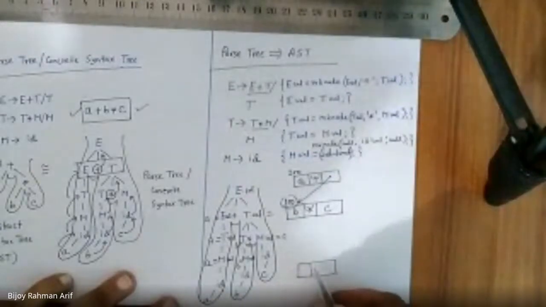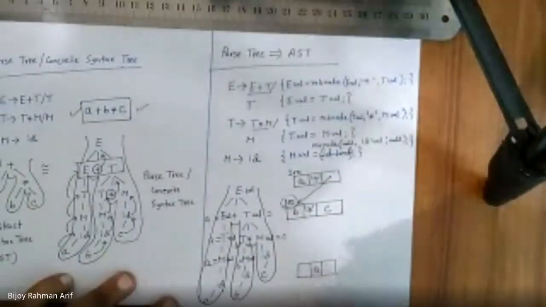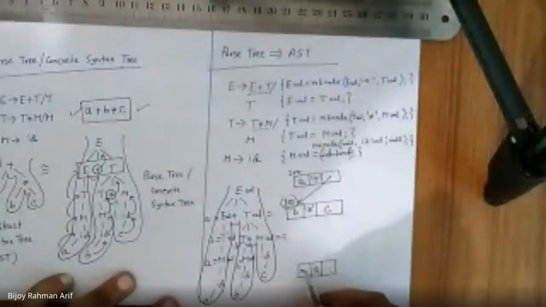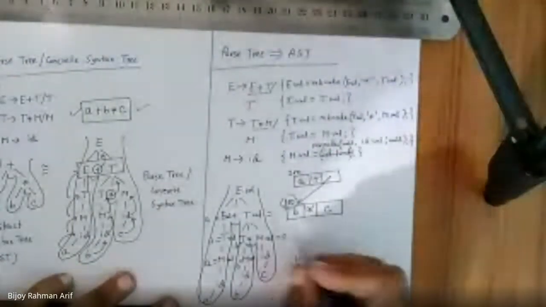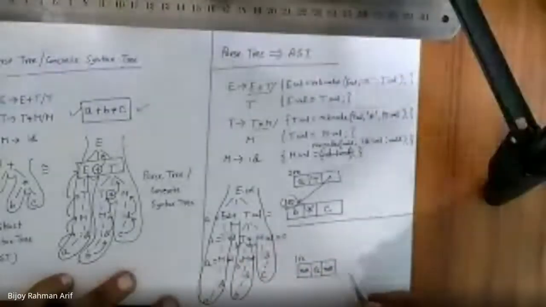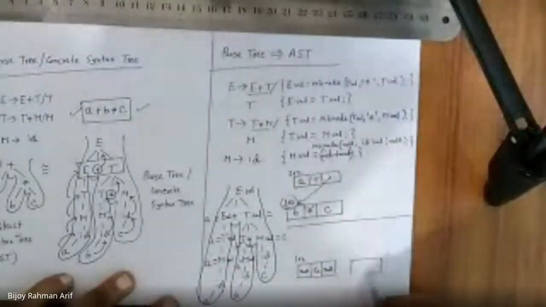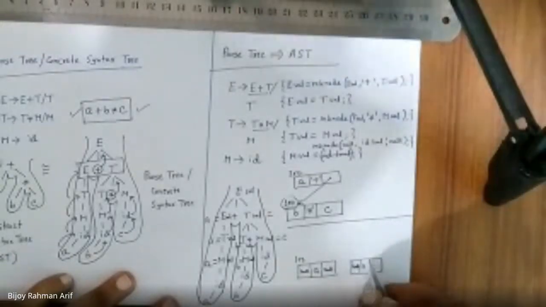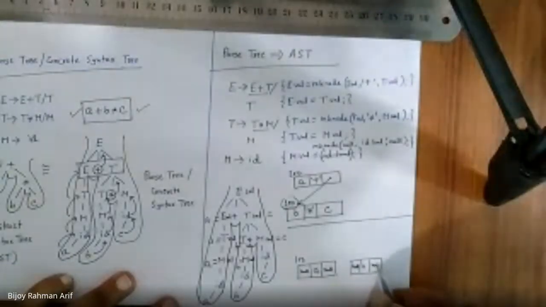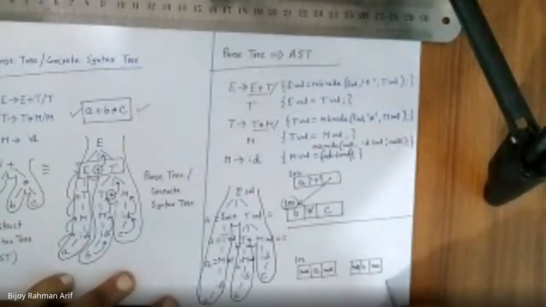This is my A. This is null. This is null. The complete construction is kind of like that. This one is null. This is B. This is null. This is A.